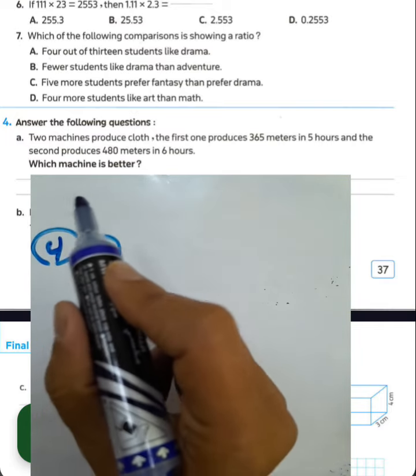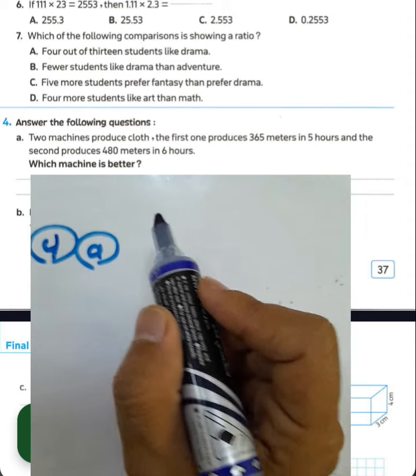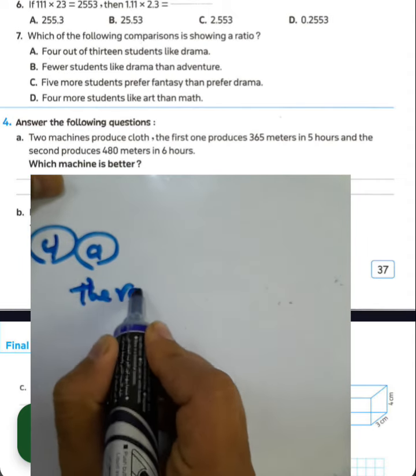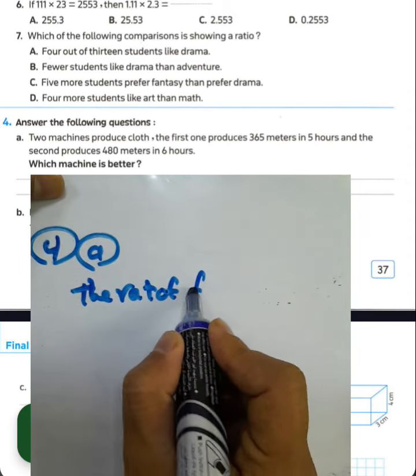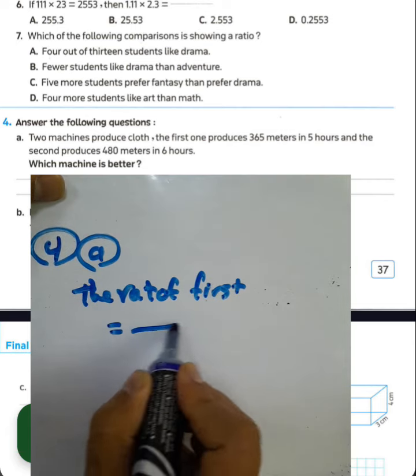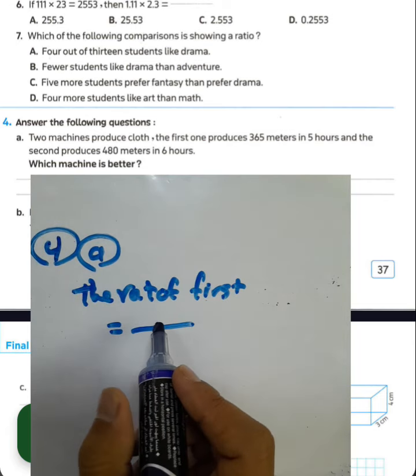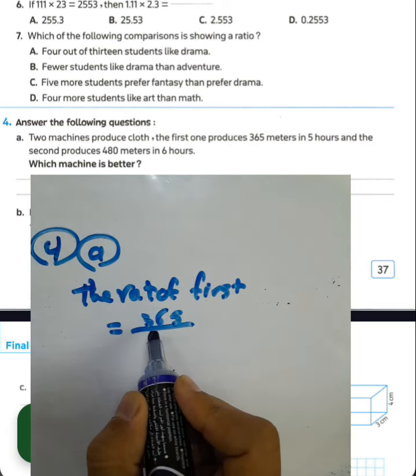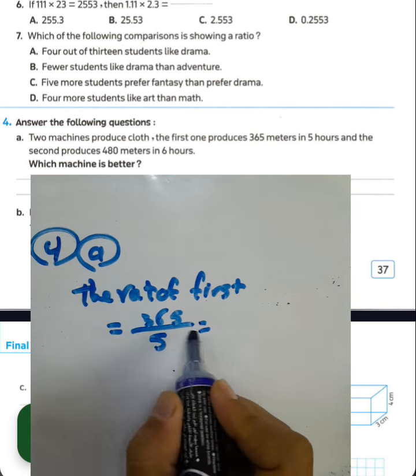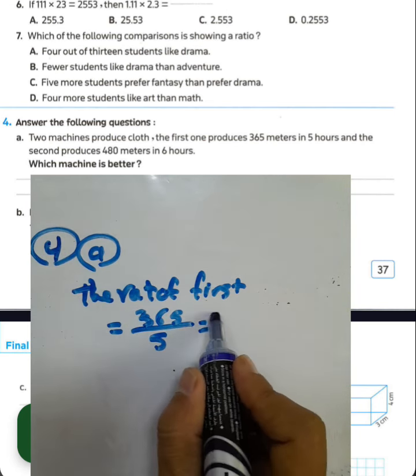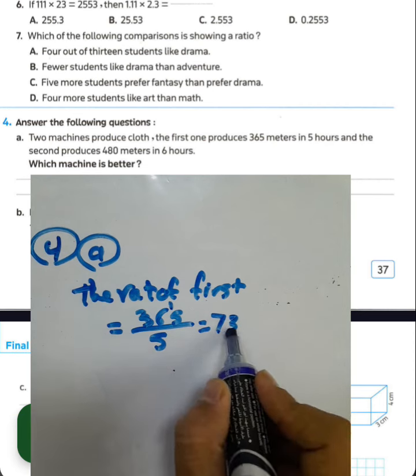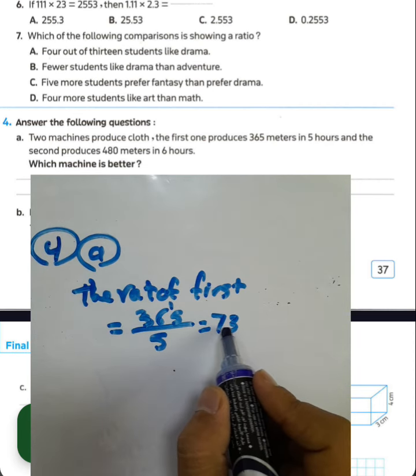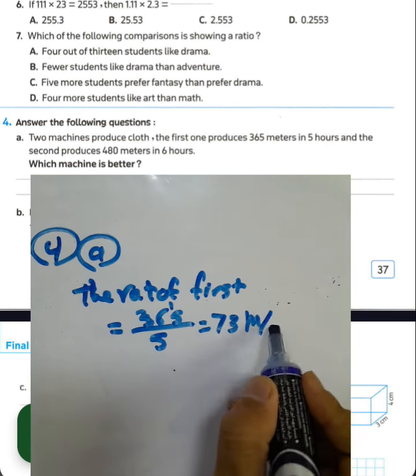Which machine is better? We can find the rate of the first. This machine gives us 365 meters in 5 hours. 36 divided by 5 equals 7, and remainder 1. 15 divided by 5 equals 3. Then the result will be 73 meters per 1 hour.